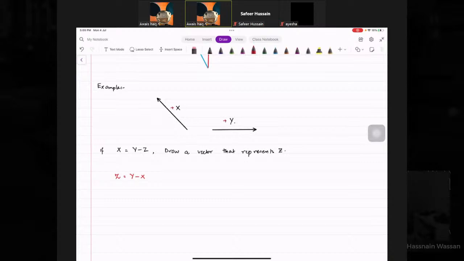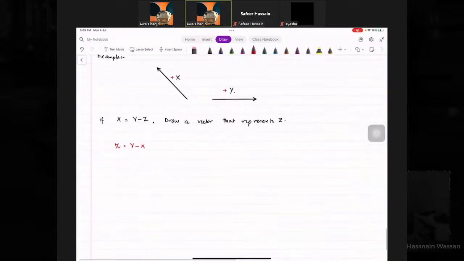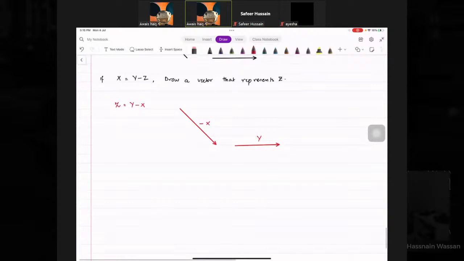Currently we have x and y, so this means they're positive. Their directions are like this. This means that we have positive y and minus x, so we can redraw these vectors. Minus x will be exactly opposite of what x is. And because we have positive y, that would stay the same. Then you do head to tail.